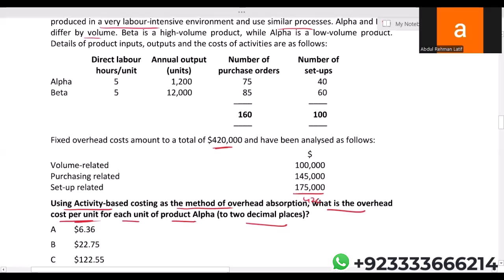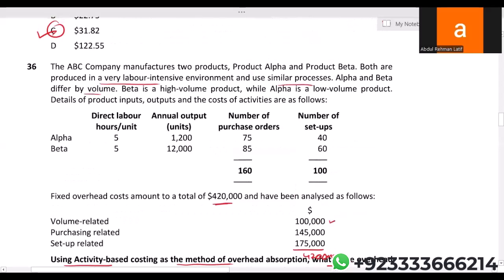The total is 420. Volume related is 1 lakh. Volume related means I'll go for labor hours, so first we have to calculate the total labor hours.